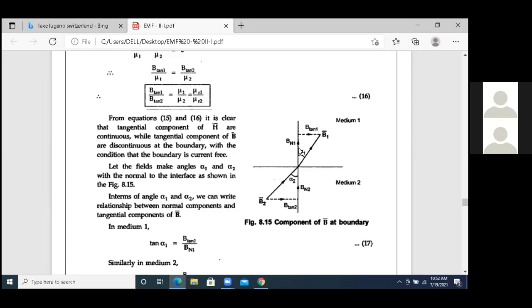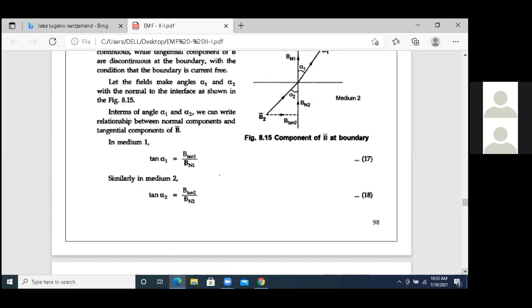So tangent equals what? Tangent equals opposite over adjacent. So B tangential over B normal. This over this. And similarly, this will be this over this. Tan of this.